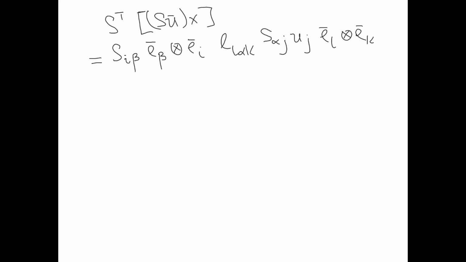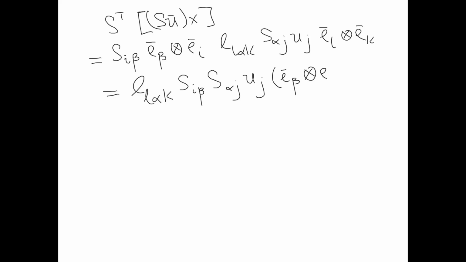So I'm dealing with the left-hand side now. This gives me alternating symbol L alpha K, SI beta, S alpha J, UJ, then I have E beta EI, EL, EK.